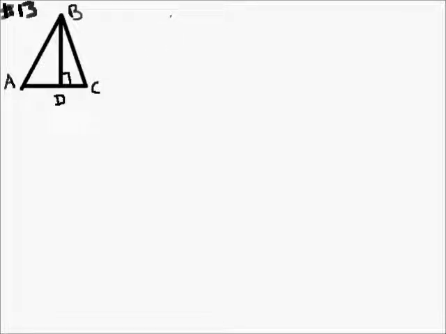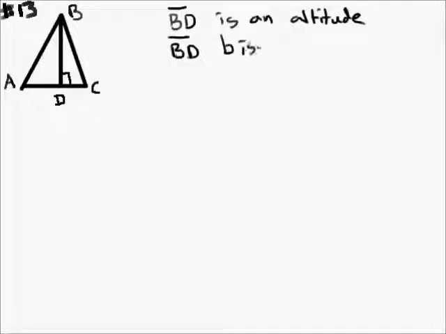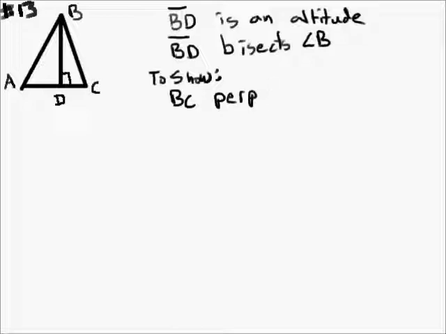So BD is an altitude. And BD bisects angle B. And now we have to show that BD is the perpendicular bisector of line AC.